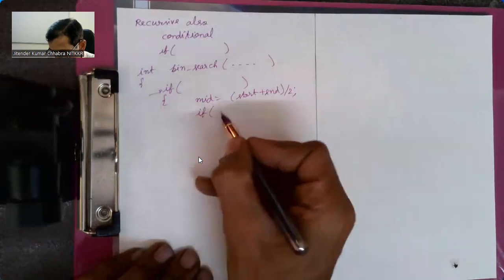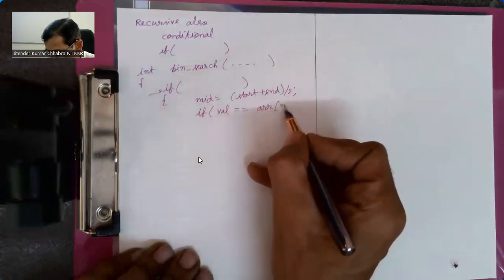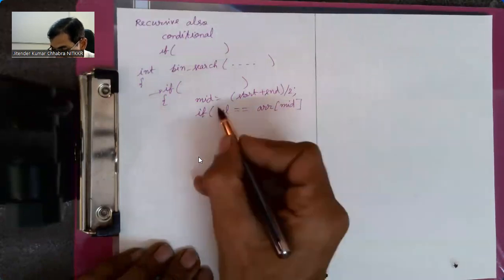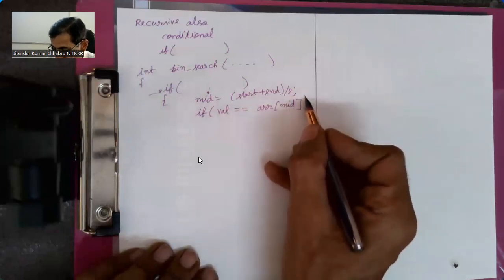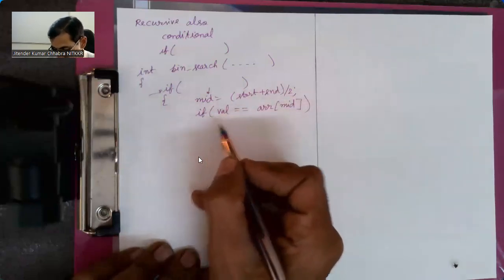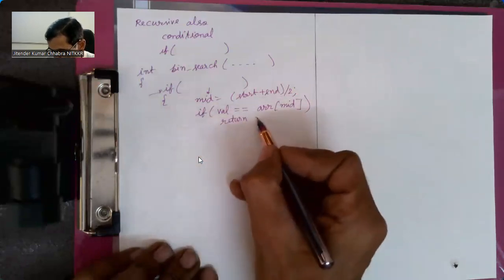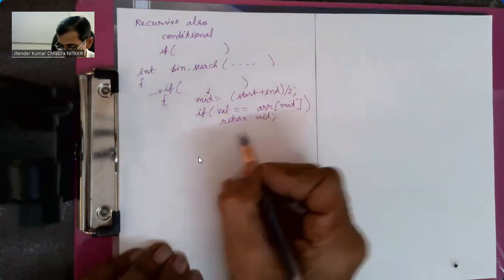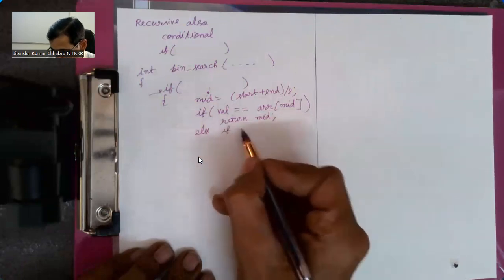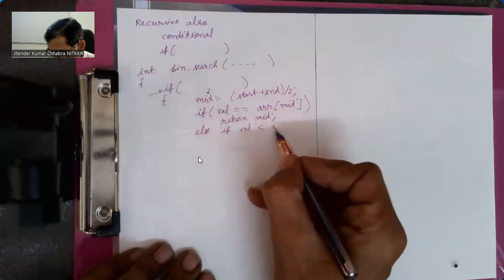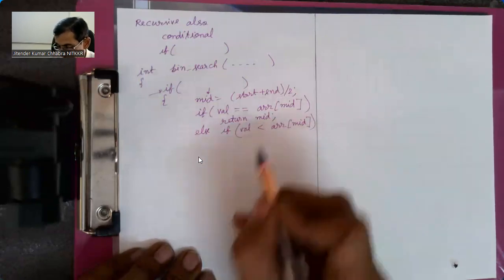I will check if val equals arr[mid], and because the list has a minimum of one element, mid is guaranteed to be pointing to that one element. If it was single, or more than single, it will point to the middle element, almost middle. If found, of course, we have to say return mid. Else, now there are two cases. One case, if val is less than array[mid]. Now I say if val is less than array[mid], I don't say repeat the process.